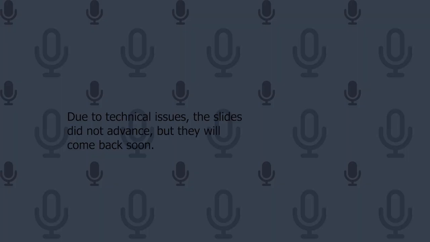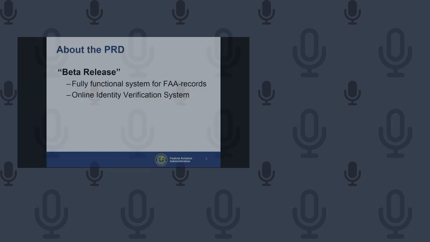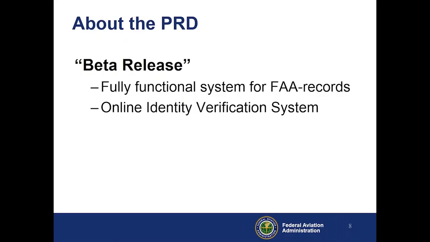The thing about the beta release is we do have a concern with the online identity verification, and that's our current challenge with PRD. Right now to access PRD you have to register through a system called MyAccess, and it does an online identity verification. And there are some folks that, through no fault of their own, are unable to verify their identity in MyAccess.